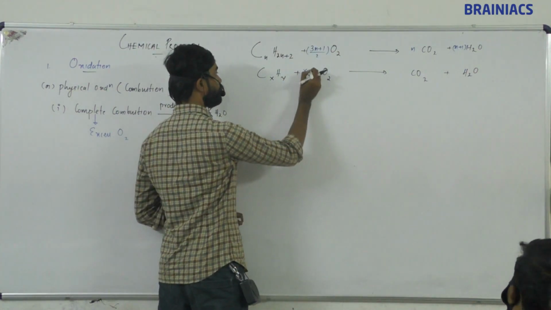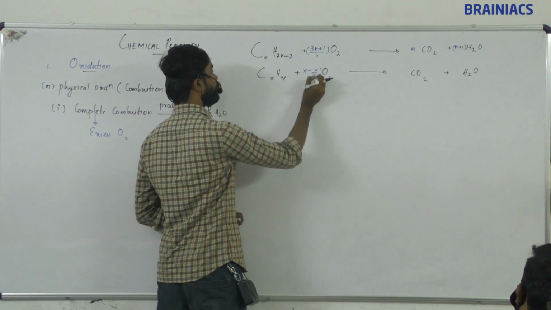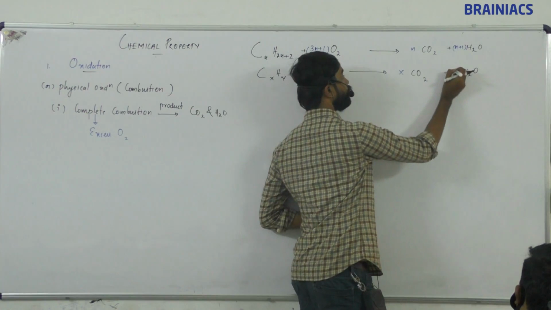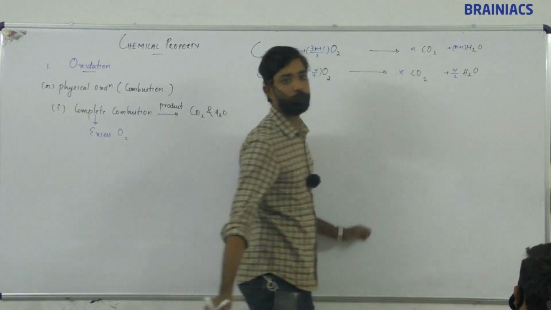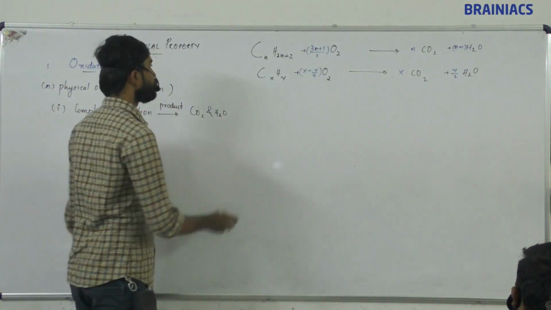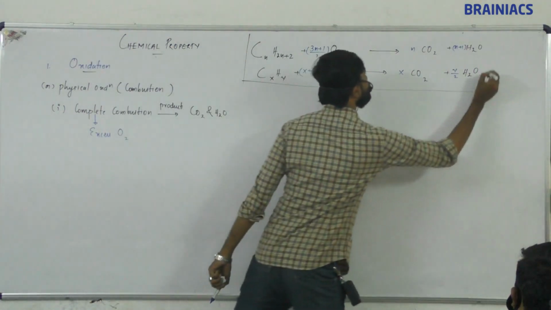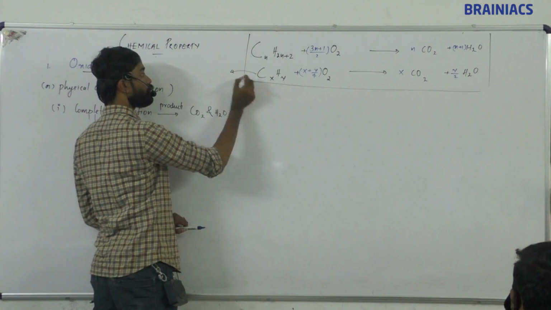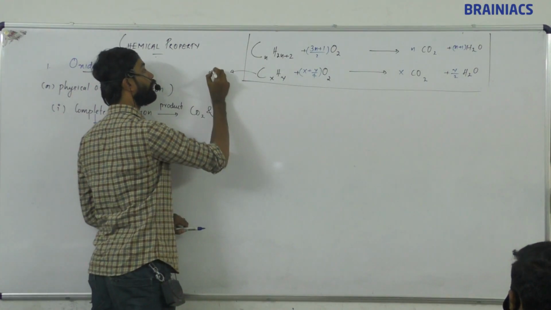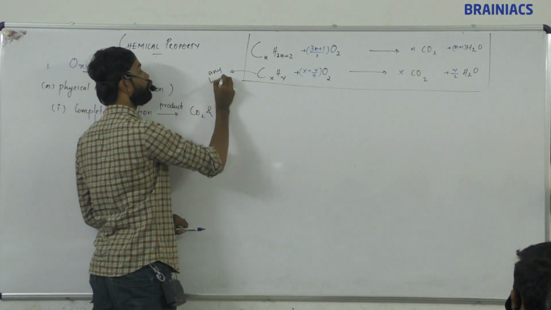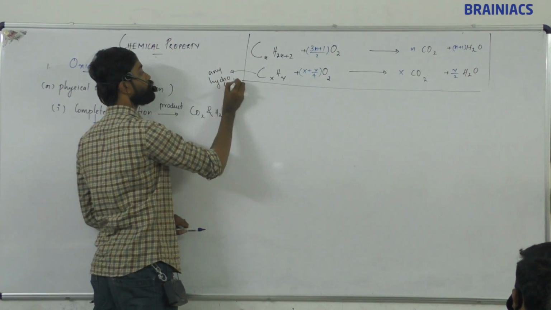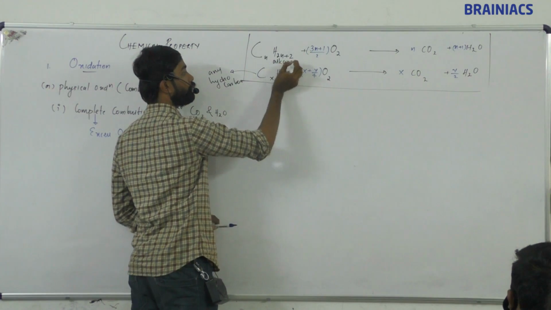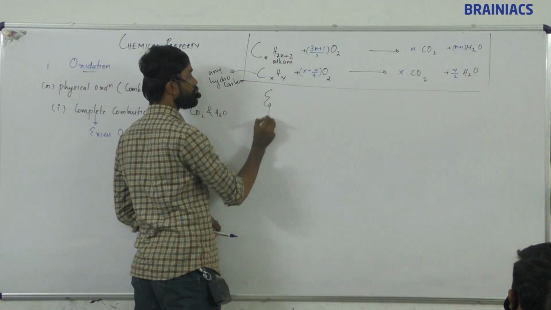And I think you are familiar with that: CxHy plus (x + y/4) O2 forms x CO2 and y/2 H2O. The second one is most important because it can be applied to any hydrocarbon, but the first one is for alkane only.